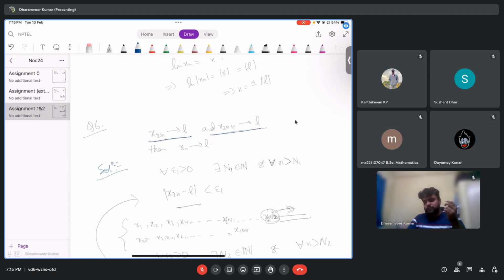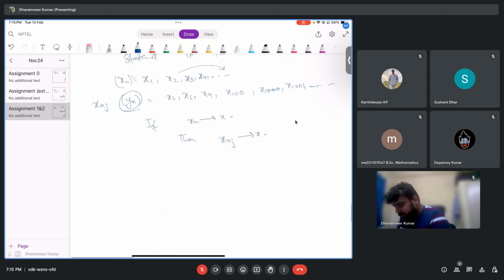The converse is also true. Both are the same thing. Both are subsequences, right? We're picking 2, 4, 6, 8 in that order, then 1, 3, 5, 7 in that order. Both are subsequences.